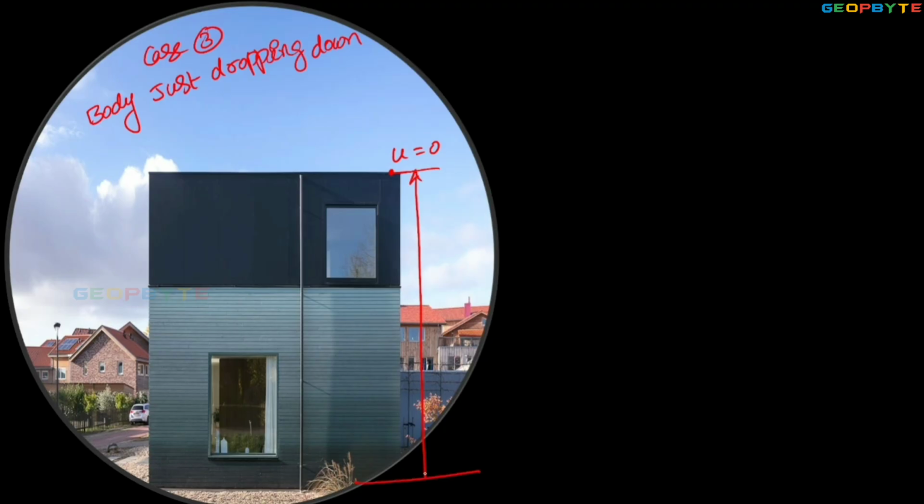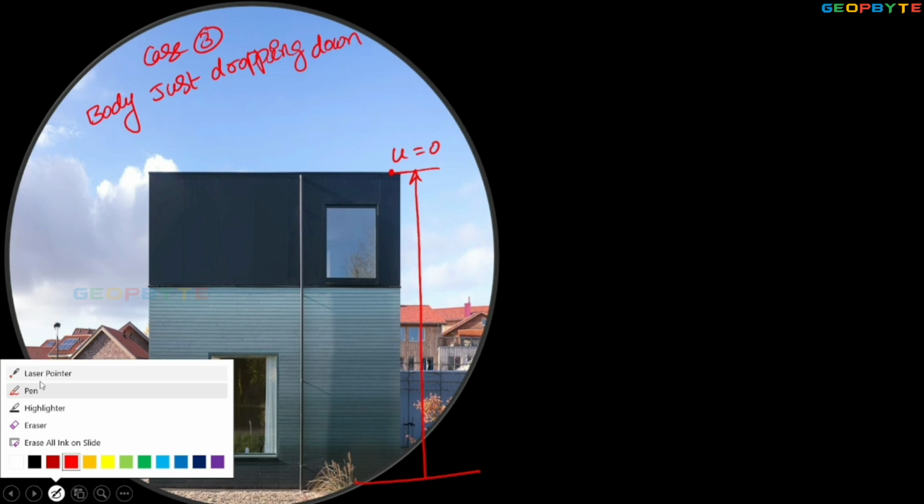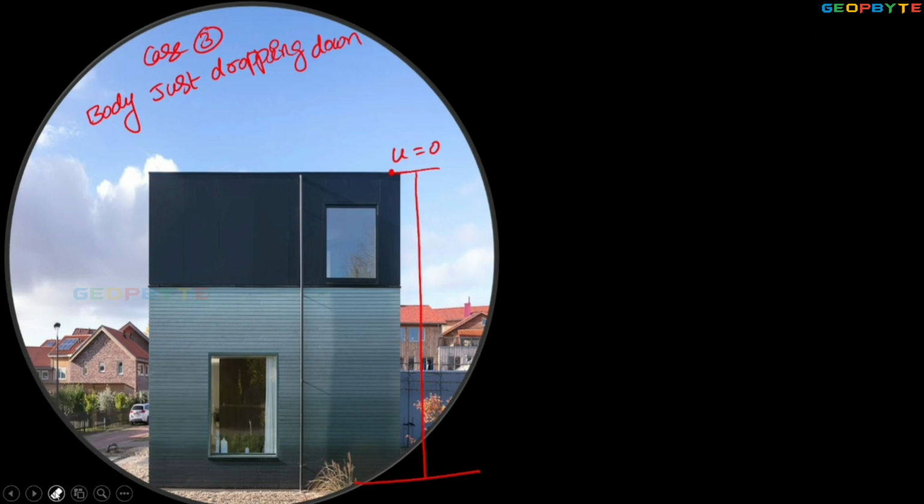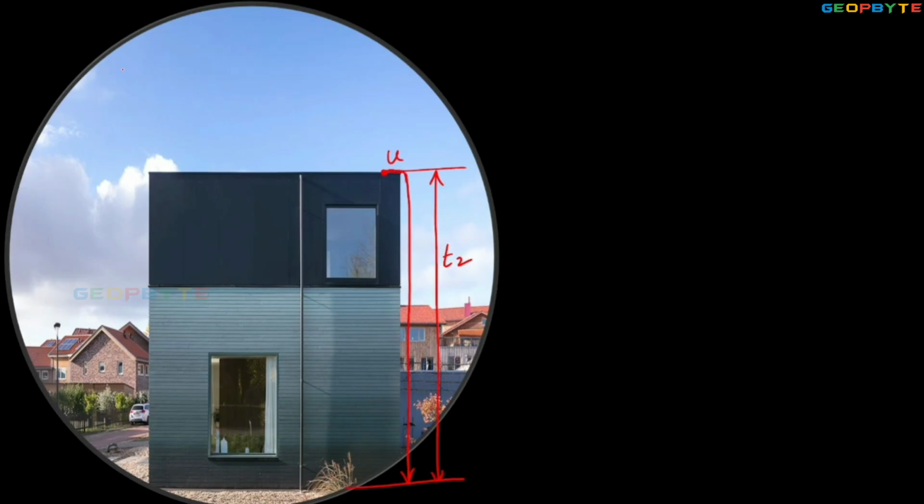The time required to reach the ground is t. Okay. As you know, the height of the tower is h. Okay. For the second case, case 2, I did not write. Case 2, when the body is thrown vertically downwards with the same speed.